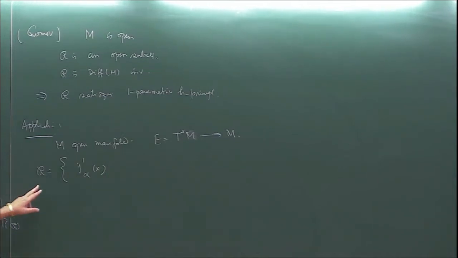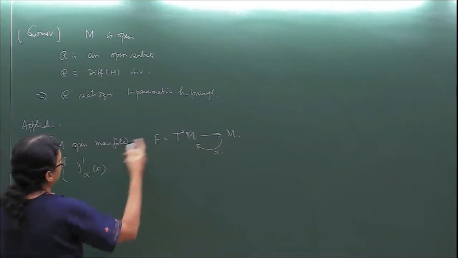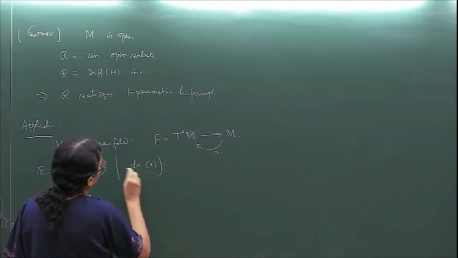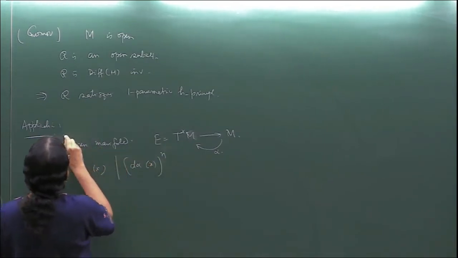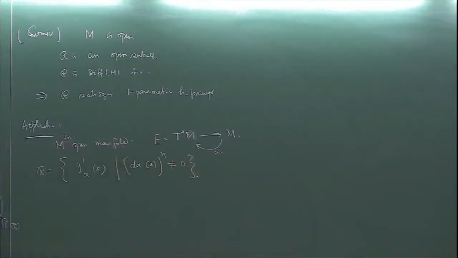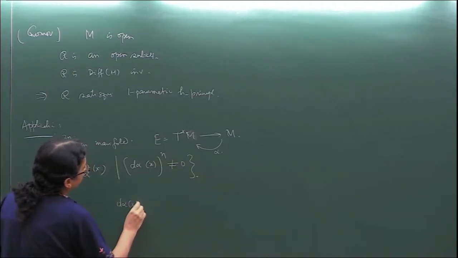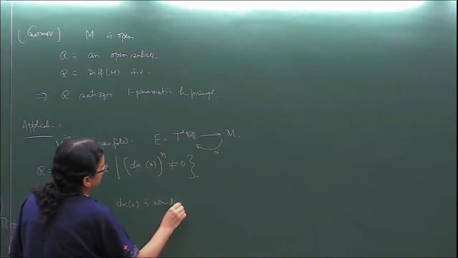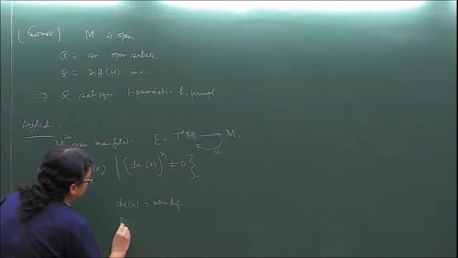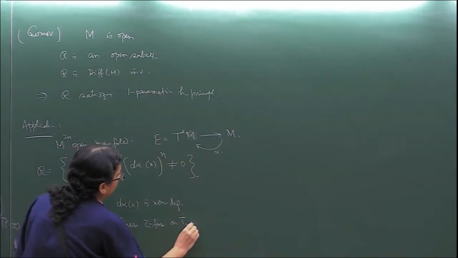The relation was one jets of local sections of this, that means one forms, such that d alpha x whole to the power n is not equal to 0. I am assuming that this is 2n dimensional. So first of all, what it says is that this d alpha x is non-degenerate. This is just a form, a linear 2-form on TxM.